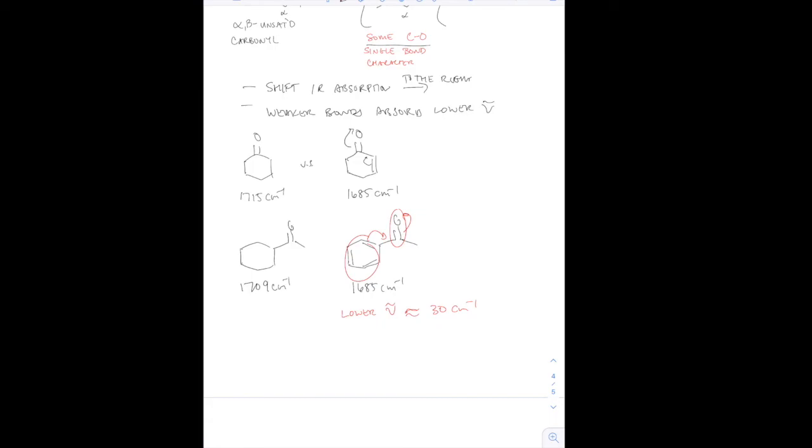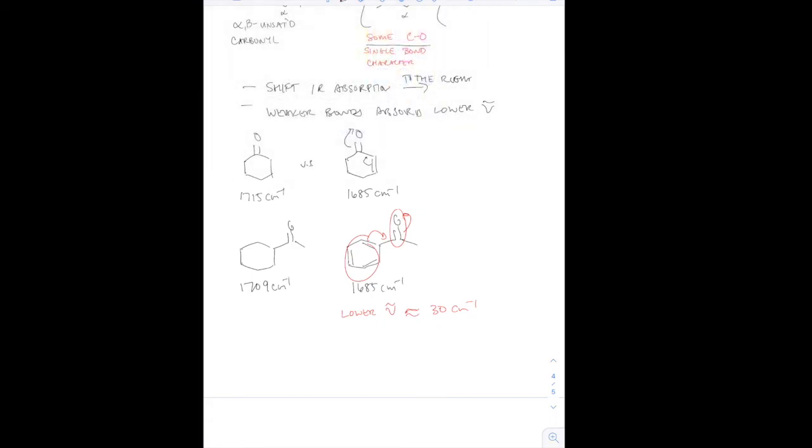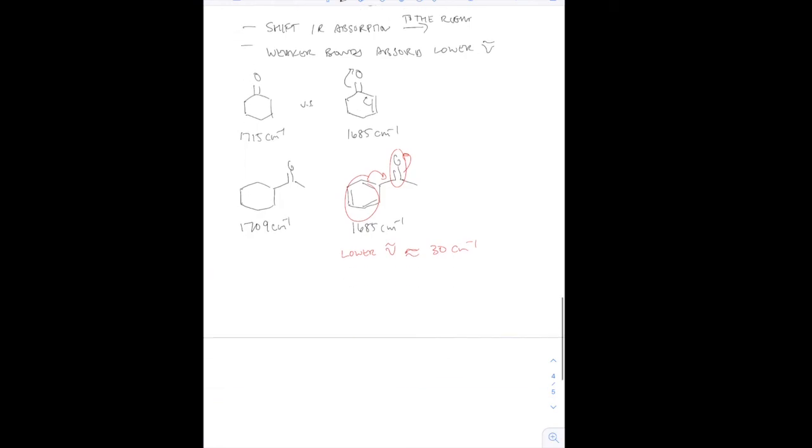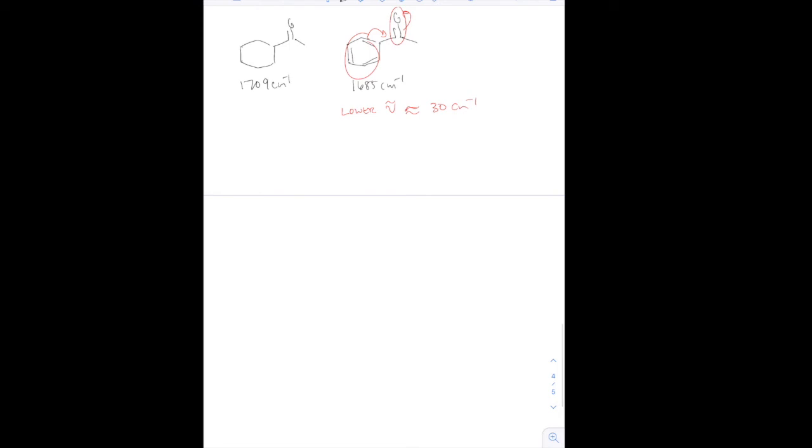Now, another thing to add about these types of compounds, the carbonyl groups, is that they can actually vary from atom to atom. So let's take a look at an ester versus an amide, for example. It's all about the willingness to create that resonance structure as well.